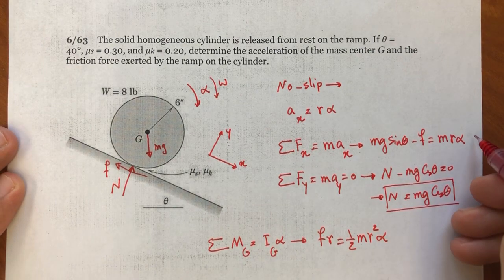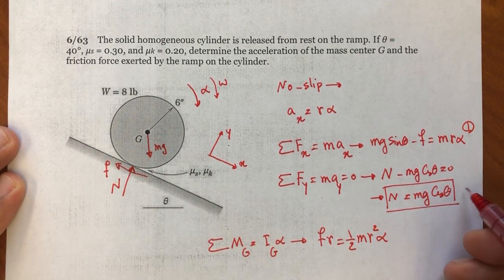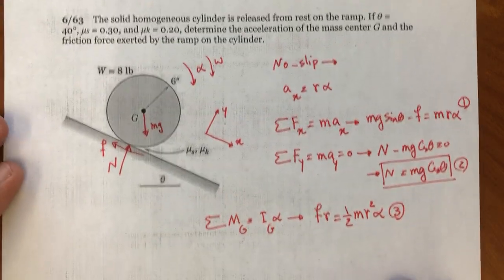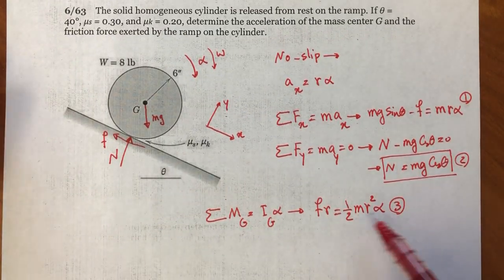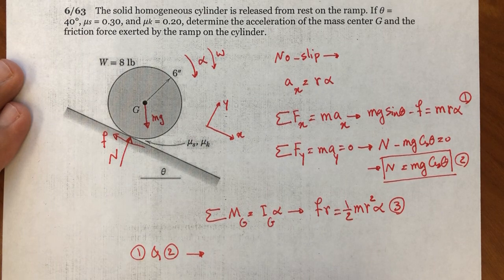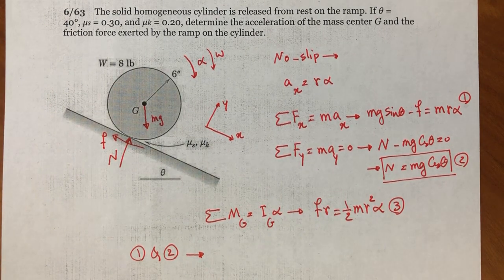If you look at this equation and the previous equations, 1 and 3, we have only two unknowns in these two, alpha and F. So by combining 1 and 3, we are going to find the friction force and also the acceleration alpha.